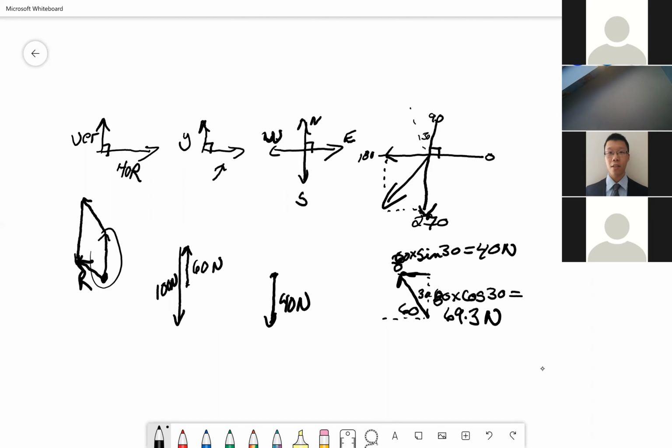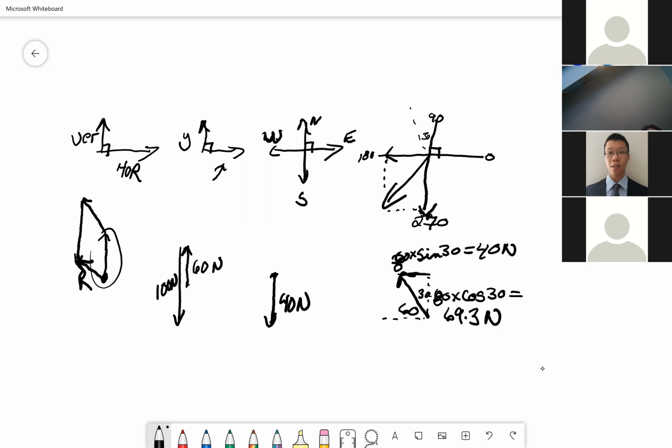Great. Okay, does that make sense? This is 30 degrees. If it's 30 degrees, then my component on the 90 to 270 line should be bigger than this one, and it is.